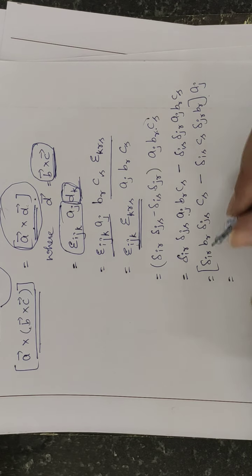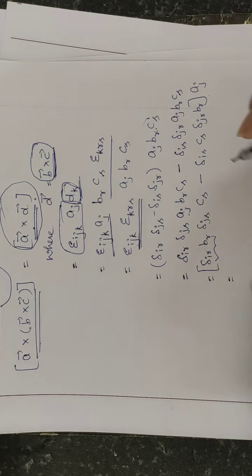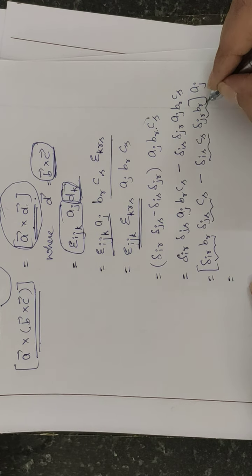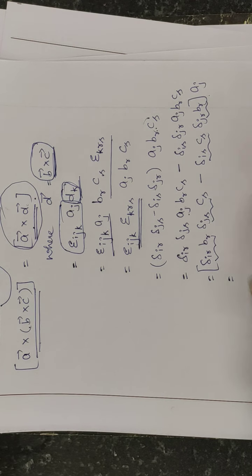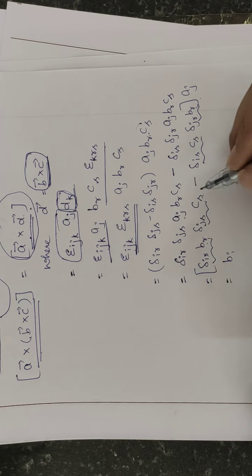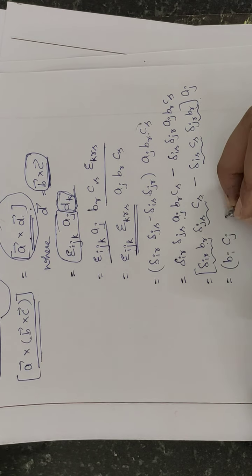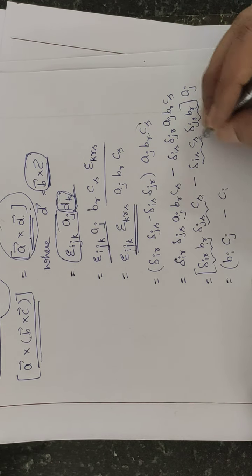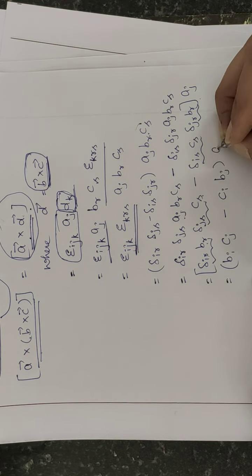Now we can use the substitution property here. Delta ir br gives you bi, delta js cs gives you cj, minus here you will get ci, here you will get bj, into aj as it is.